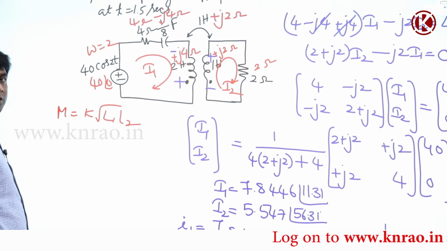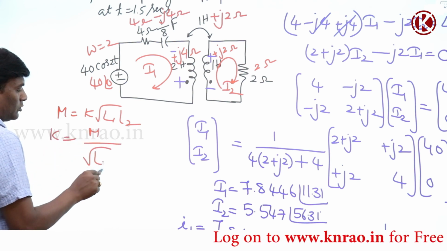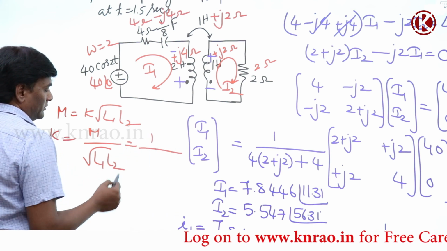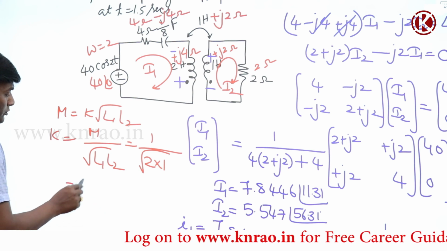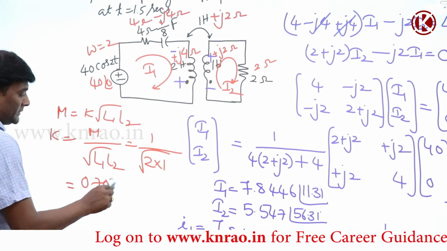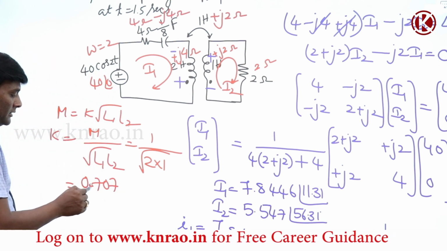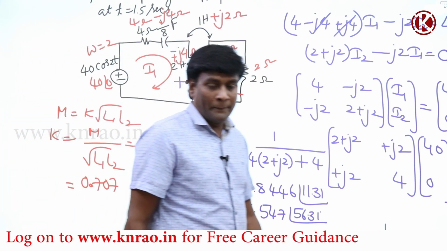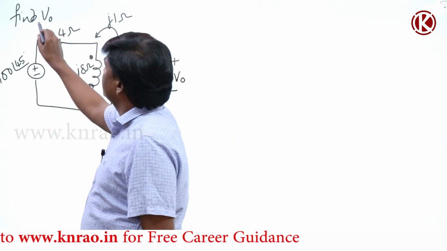So k equal to M divided by under root of L1 L2. M they have given 1 and 2 into 1 under root. 1 by root 2 is going to be 0.707. In the sense, coefficient of coupling is 70.7% or 0.707. Okay. In this problem, find V0.